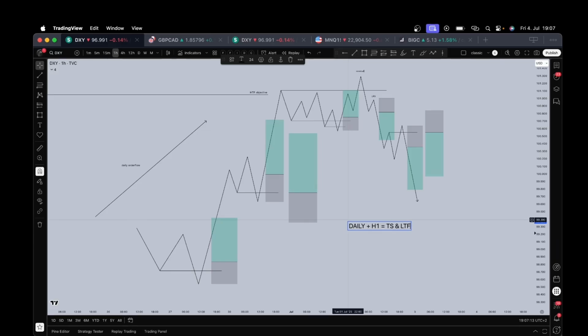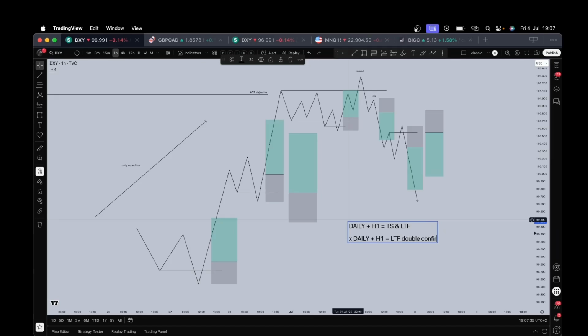has been confirmed. Now let's say the daily as well as the H1 are against me, right? So daily plus H1 are against me. In this case, the only way where I enter a trade is if I have a lower time frame double confirmation.